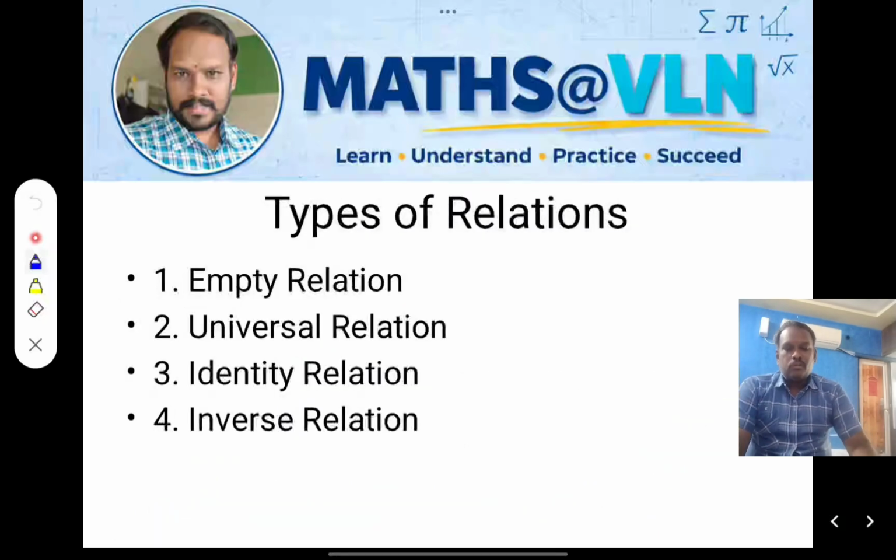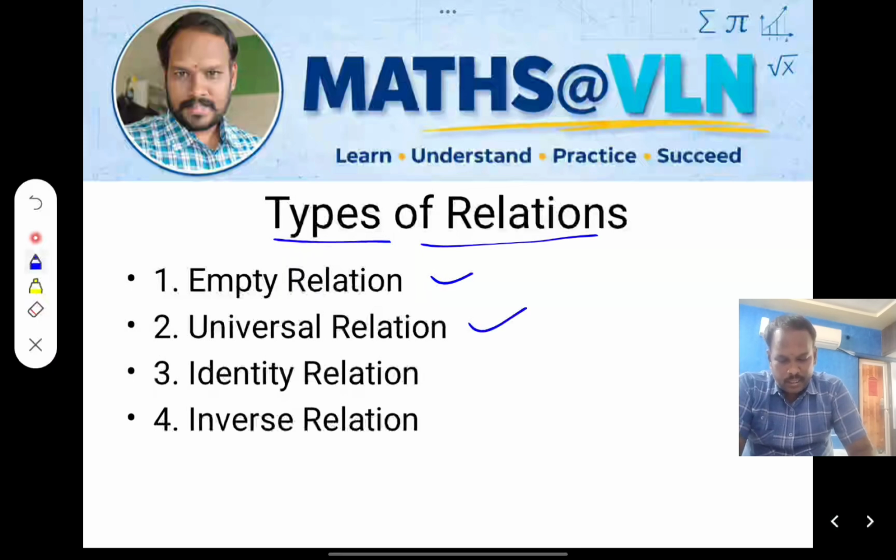Now, coming to types of relations. What are the types of relations we have? Empty relation, universal relation, identity relation, and inverse relation. What is an empty relation? We know already the empty set is a subset of every set.